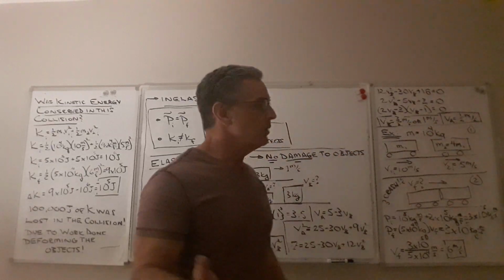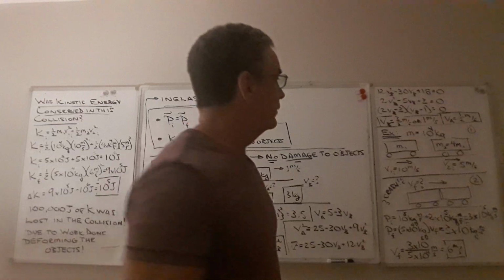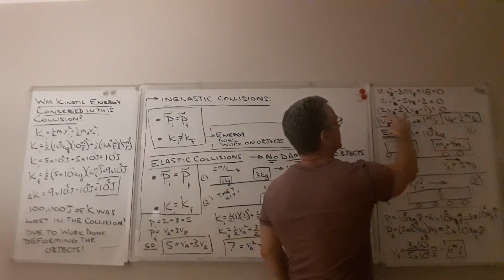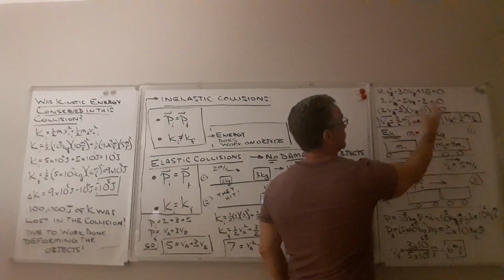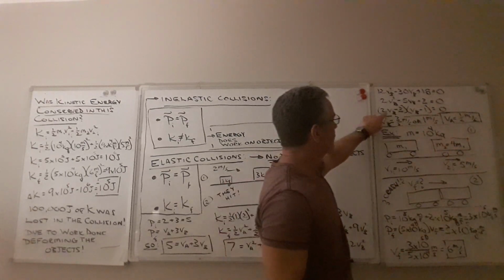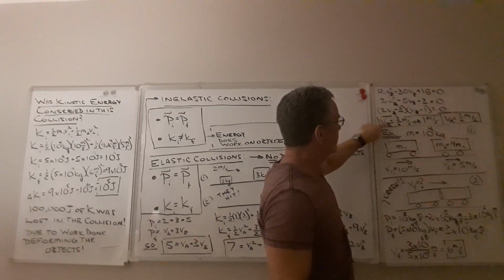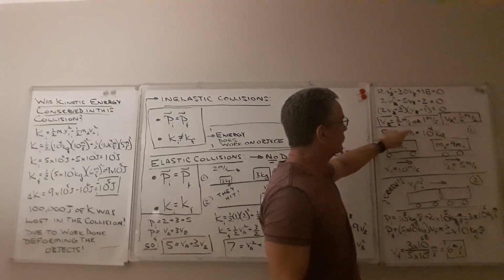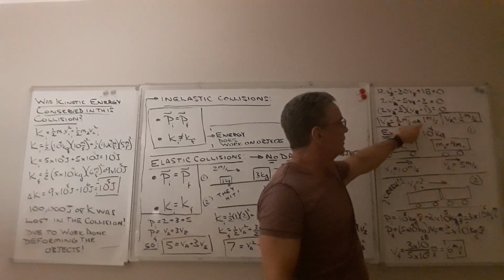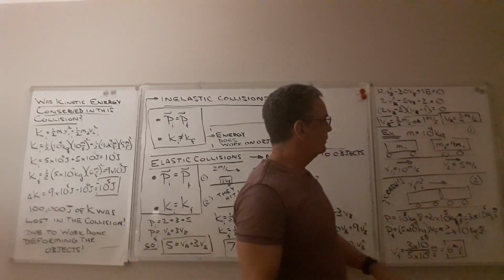Now that's only going to be possible if this factor is equal to 0, or if this factor is equal to 0, or both. So if you set this equal to 0 and solve for VB, you get VB is equal to 3/2 meters per second, or if you set this factor equal to 0, then you get VB is equal to 1 meter per second.